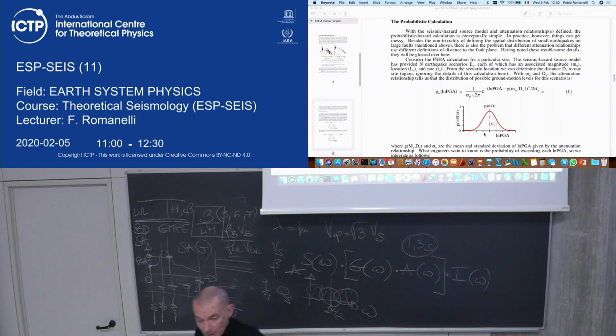That's why it's called probabilistic. It's based on the assumption of a log normal distribution of a ground motion parameter. That's one of the reasons. And you can do that. It's not easy. You can use codes to do that.